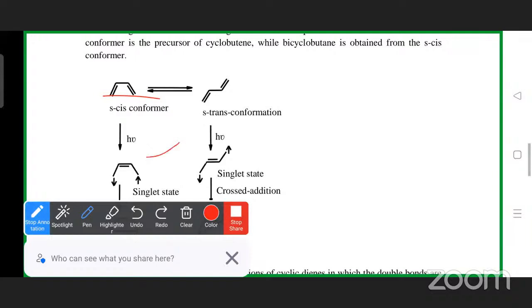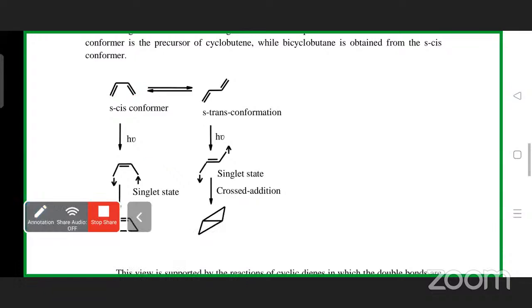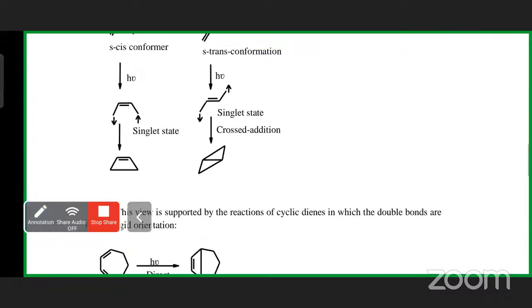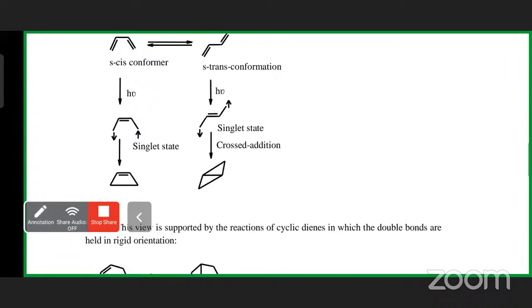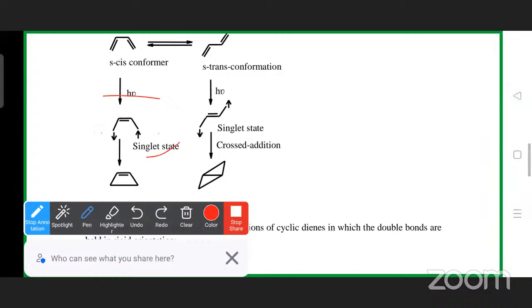Simply, the radical and the radical combine and it forms this cyclobutene. If this particular conformer is involved in the reaction, here is the s-cis conformer, and here is the s-trans conformer.